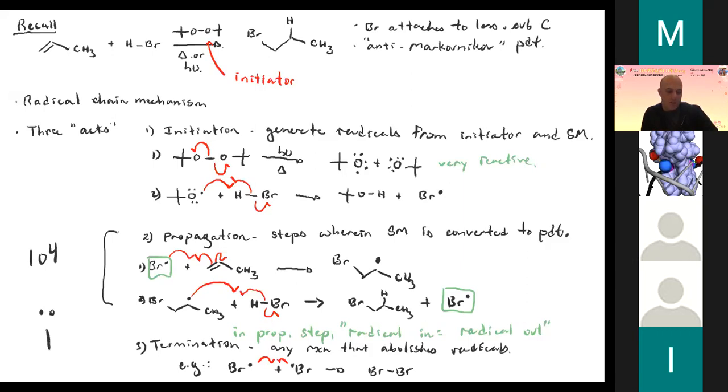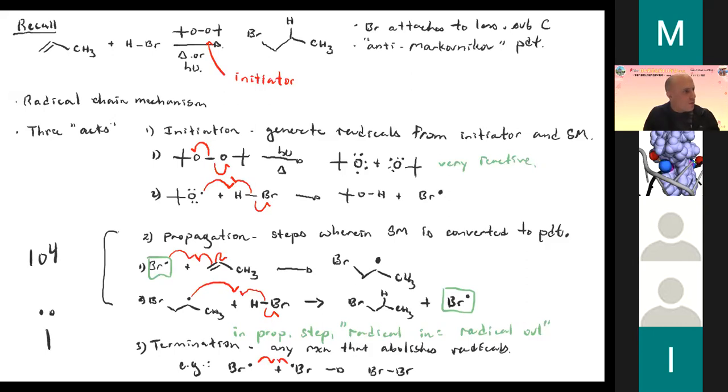By comparison, in the propagation steps, we're having a radical which may be in very low concentration, but we're not asking it to combine with another radical, we're asking it to combine with starting material or reagent, HBr in this case. These are molecules that are present in large concentrations. And so those reactions are much more facile, okay?